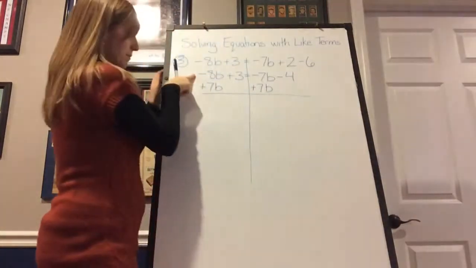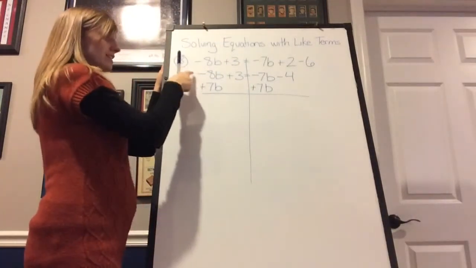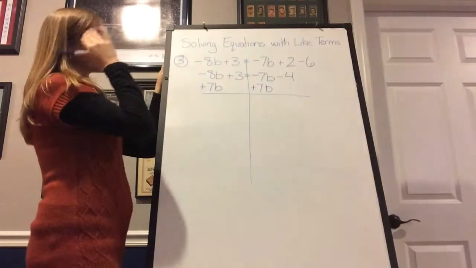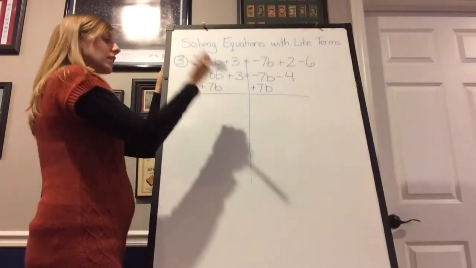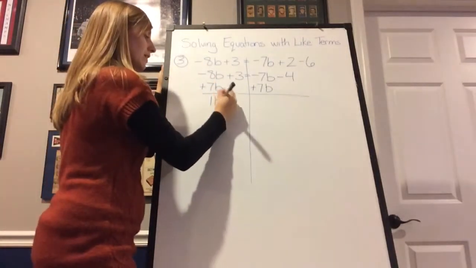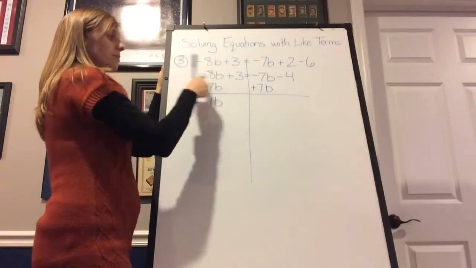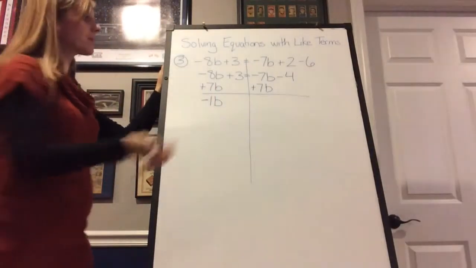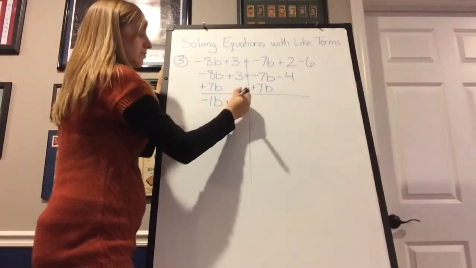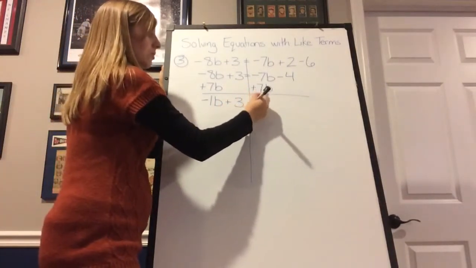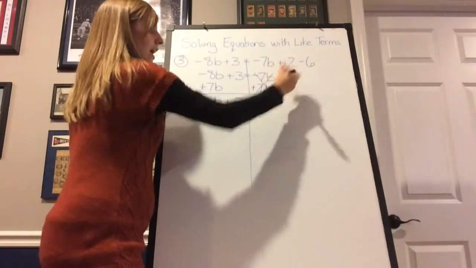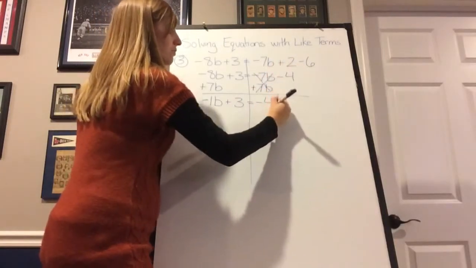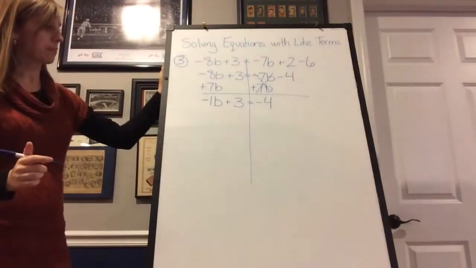So negative 8b and positive 7b, the signs are different, so I'll go ahead and subtract. 8 minus 7 is 1, b. Keep the sign of the bigger number. So it's negative 1b because the 8 is bigger. The plus 3 will just come down, equals, these will cancel, and my minus 4, negative 4, will drop down.